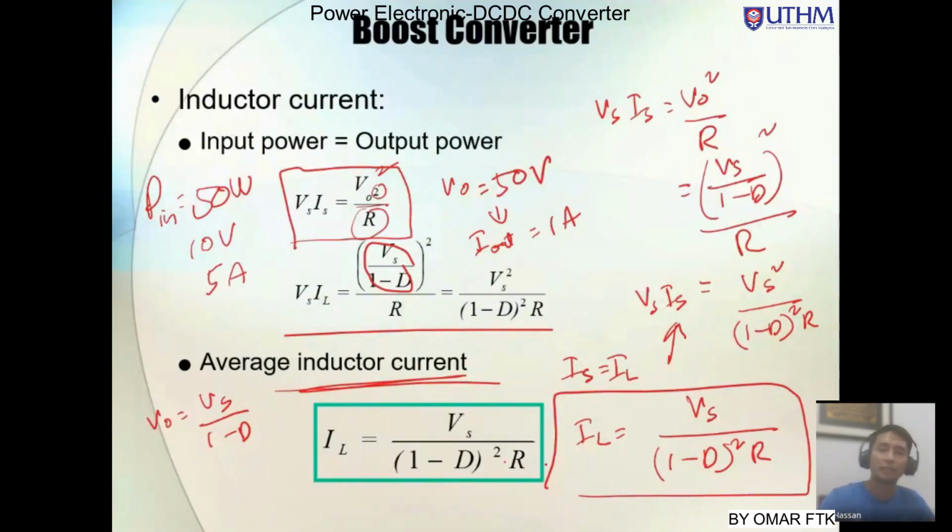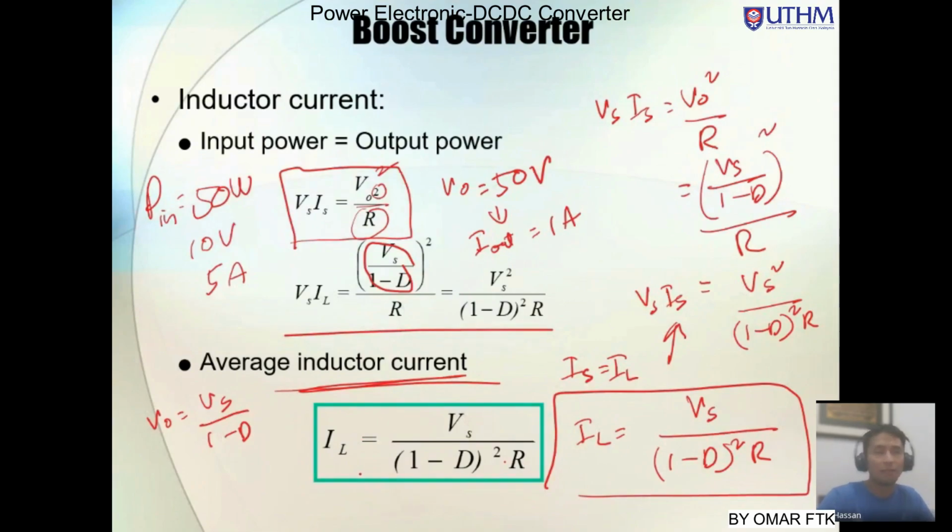through the inductor. Not just the inductor, but basically the current that will pass through our switch and the diode, because we have to make sure that our diode and our switches are capable of handling this value of current.